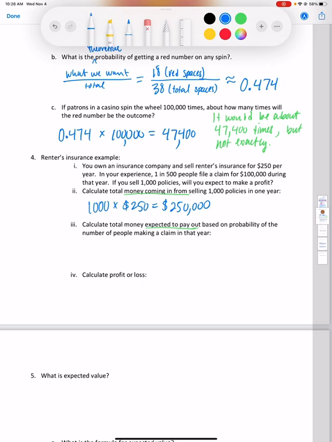maybe 2 people because we have 1 in 500 people claim. Okay, so that's this part right here. 1 in 500 people file a claim. We're going to sell 1,000 policies. So we expect that 2 people will make the $100,000 claim during this year.